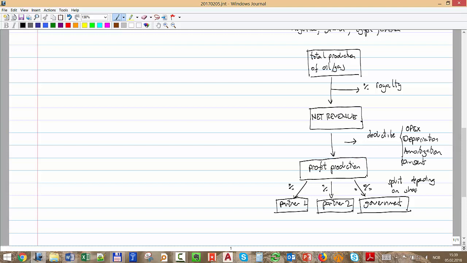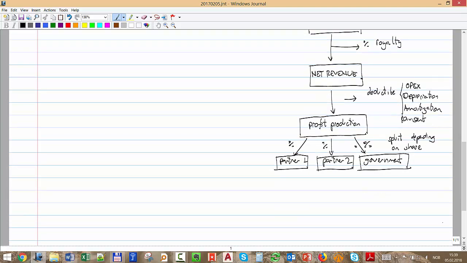on the share. Okay, and after you have that, then what do I do? That's the amount I use to calculate the taxable income, right? This consists of the taxable income. And after that I have to calculate the tax.